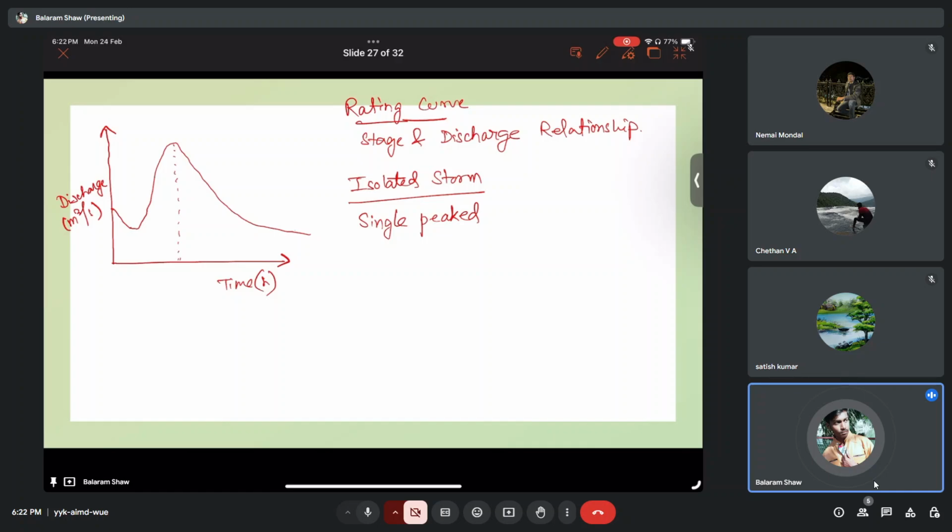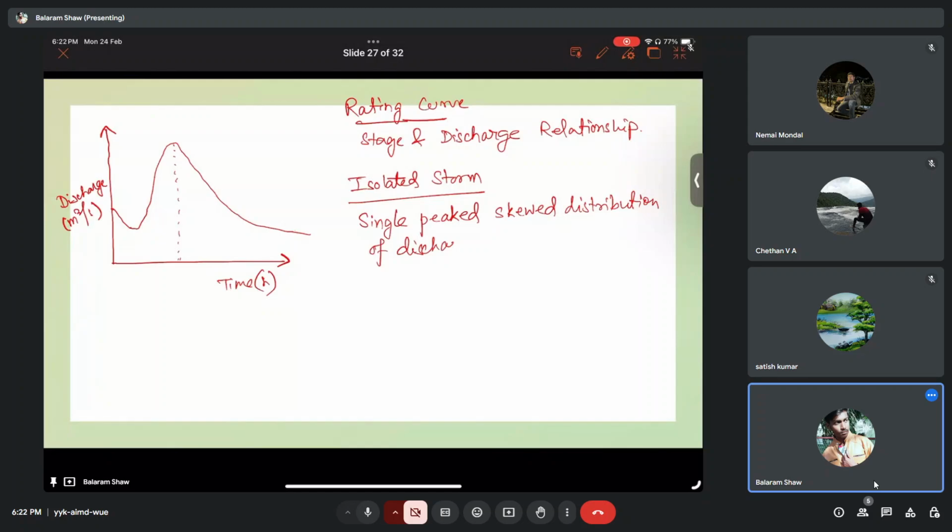So this means it is a skewed curve. It will be a single peaked skewed distribution of discharge. This hydrograph can also be called a storm hydrograph, flood hydrograph, or simply hydrograph.